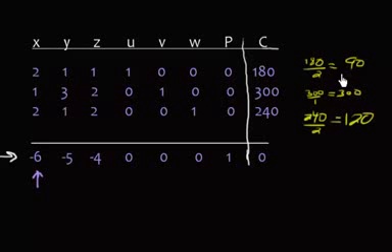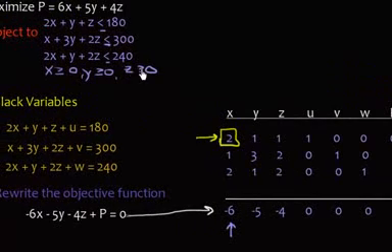So which one is the smallest ratio? It would be the 90, so this would be my pivot row, and then this will be my pivot column. Okay, so I'm going to clean all this up. I'm going to put this table up top, and we'll get started.